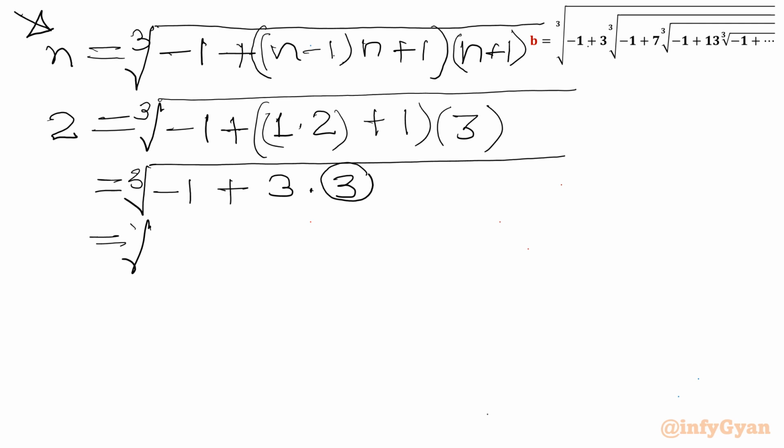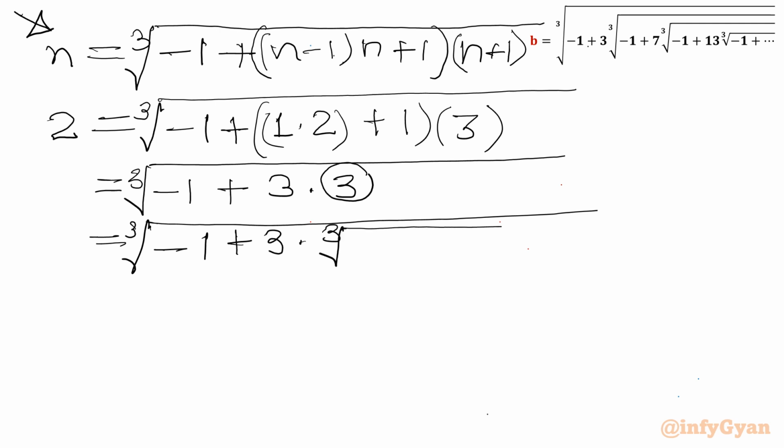Let's apply cube root of negative 1 plus 3 times 3. I will write cube root first: negative 1 plus n minus 1, so 3 minus 1, it will be 2. Then n, that means 3 plus 1, and then we will multiply with 4.